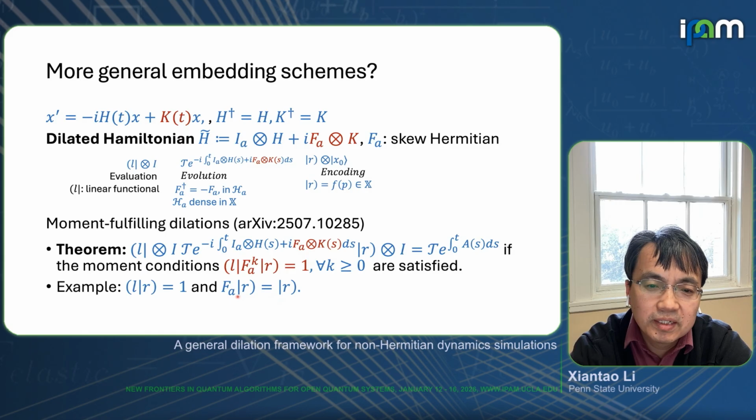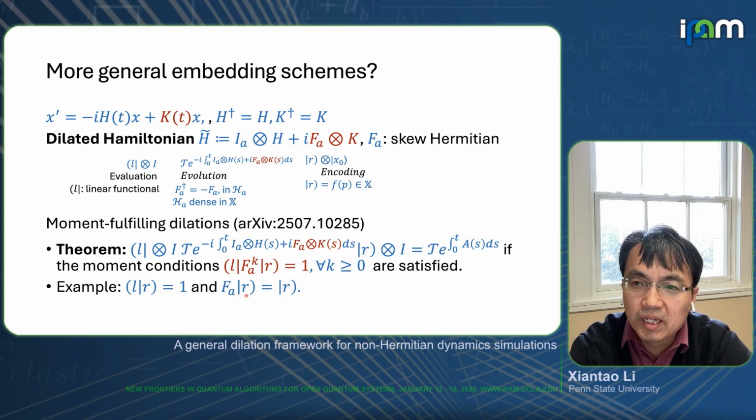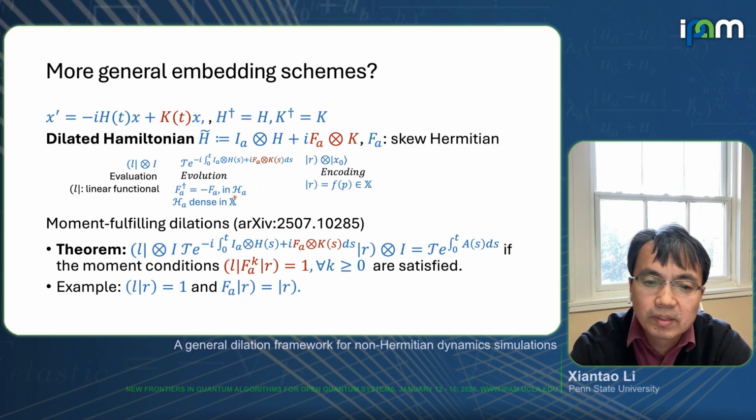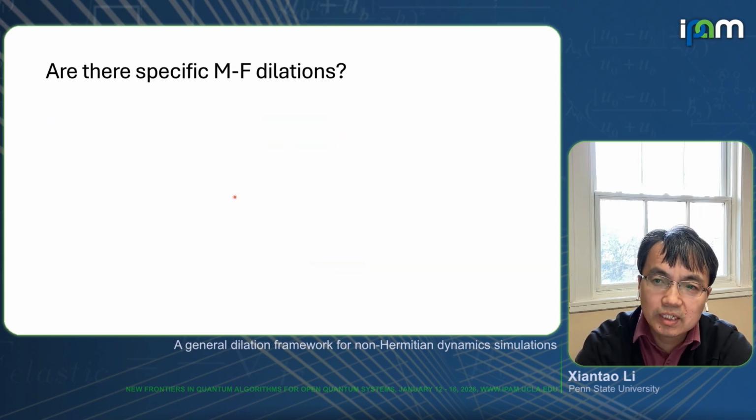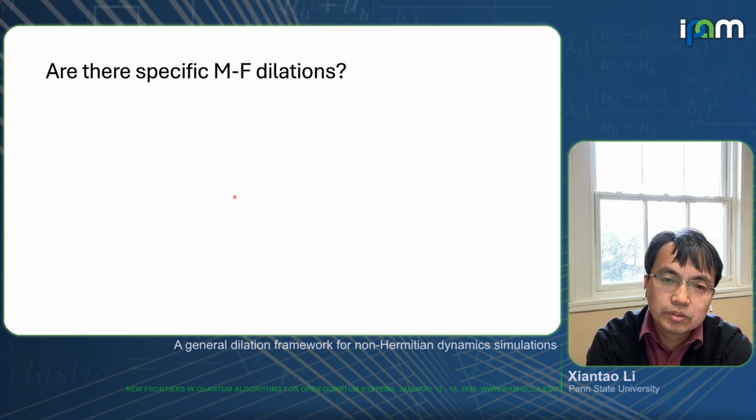So in order for this to happen, R has to be an unnormalized state. It has to be outside of this Hilbert space. Okay. Now, are there any concrete choices? Right? So this kind of formula shows you some very concise conditions in order to guarantee an exact dilation or exact mapping.